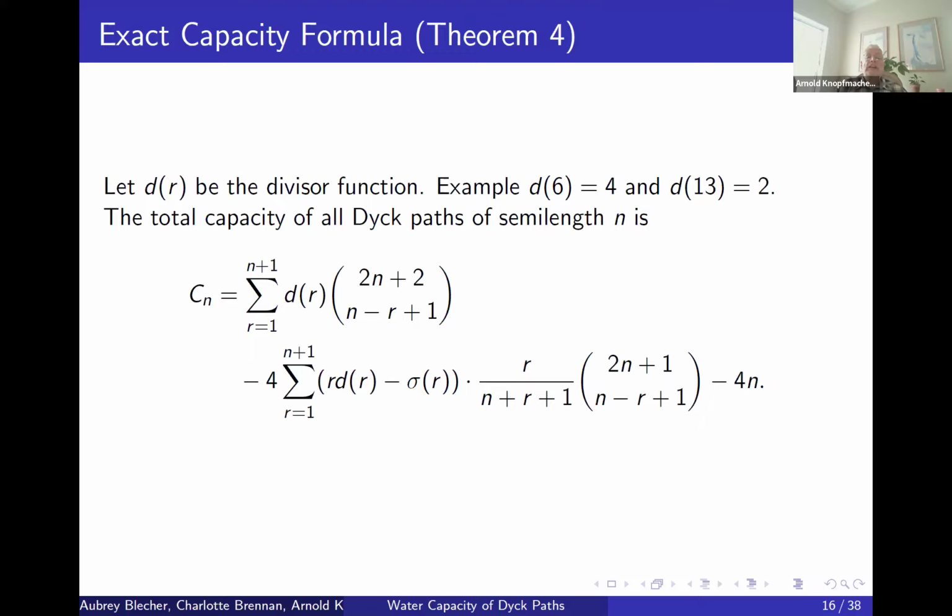Clearly that's going to be a bit irregular, because the divisor function can grow quite large for numbers like n factorial, but it always drops to 2 every time we get back to a prime number. So this exact formula is probably not a very nice way to try and get an asymptotic estimate.